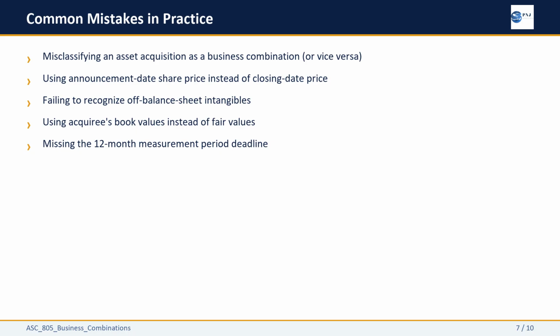Failing to identify intangibles the acquiree never recorded, such as customer relationships, brand names, and developed technology, misrepresents the balance sheet and overstates goodwill. Using acquiree book values instead of fair values for any asset class defeats the purpose of the acquisition method. And missing the 12-month measurement period deadline means adjustments that should be retrospective end up flowing through current period earnings instead.